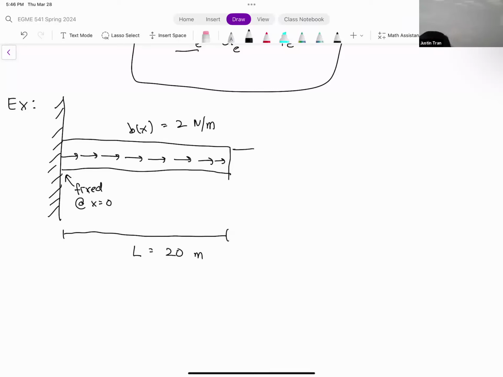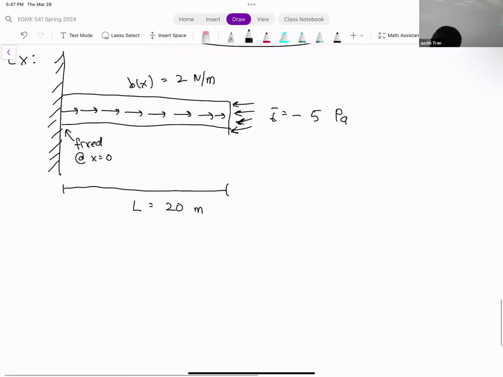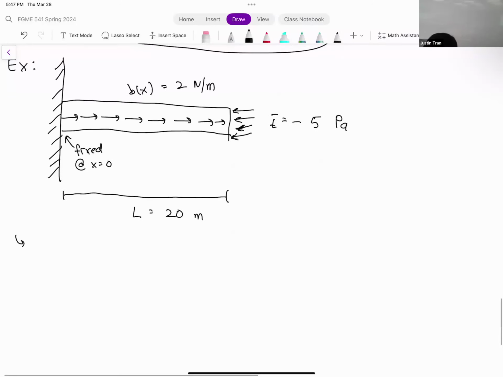And at the end of the rod, we're going to have a fixed amount of force, of pressure. So we're going to have a T bar of -5 Pascal. What we want to do is compute a finite element solution for the deformations in this rod.